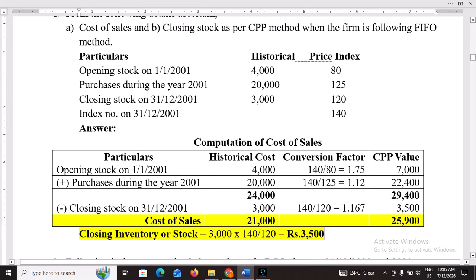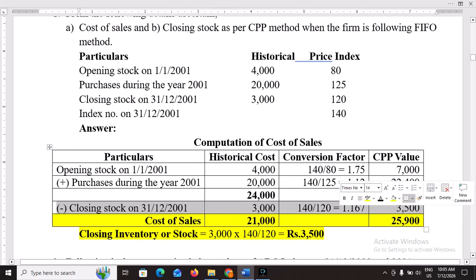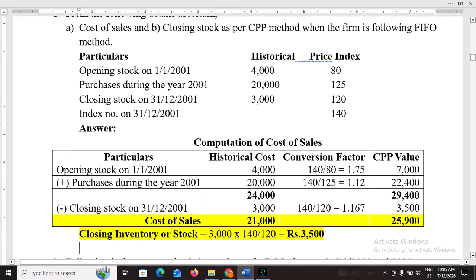Closing inventory or stock is 3,000 into 140 divided by 120, rupees 3,500. This is the answer, first one, second one. Done. Very simple.